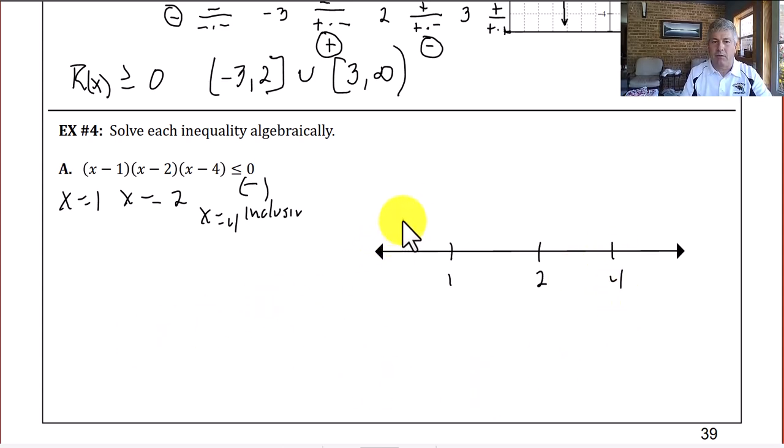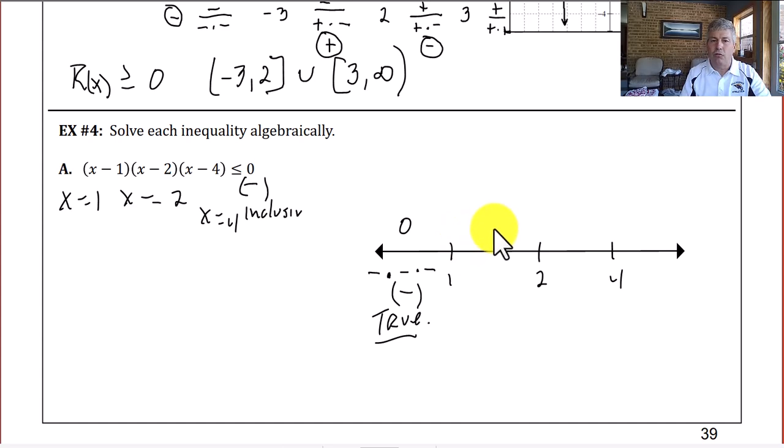So I might test something like 0, and when I put 0 in, I get a negative times a negative times a negative, which is going to be a negative value. So we like that one, that's going to be true.